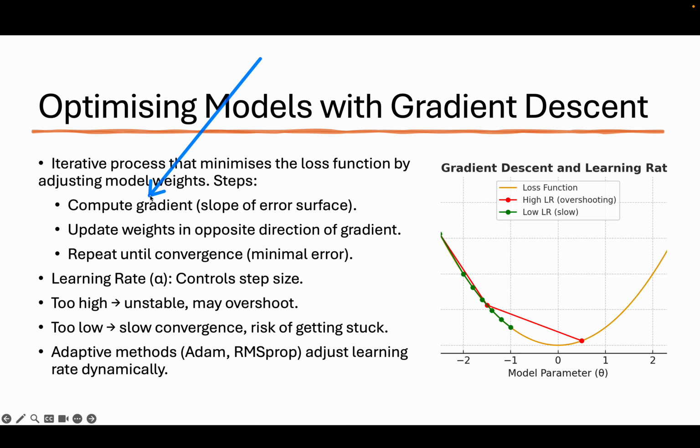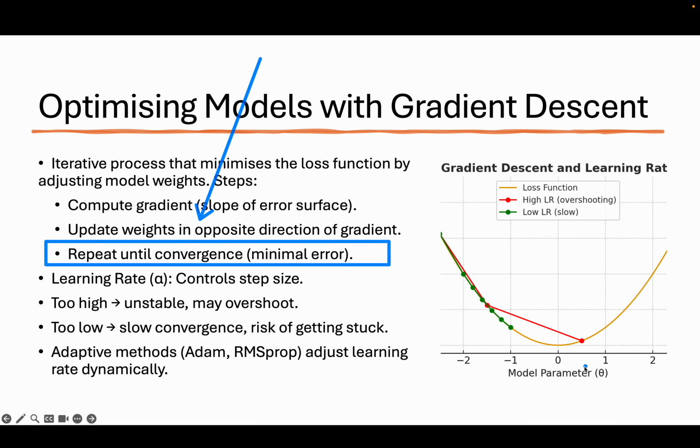The first step is that you compute the gradient, that's the slope of the error surface. The second step is that you update the weights in the opposite direction of the gradient, and you have to repeat this process until you get convergence, the minimal error, and the minimal error is here at the bottom of the slope. The learning rate controls the step size.